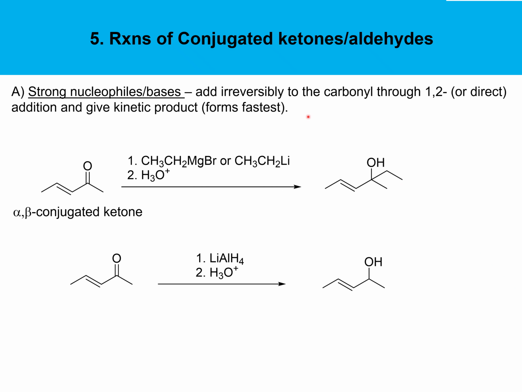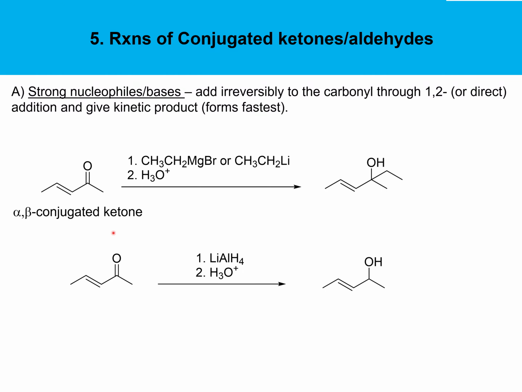Now, this addition is considered a direct or a 1,2 addition, and it typically gives you the fastest forming product. So, in other words, adding this ethyl group to the carbonyl is faster than adding it to the beta carbon. And so, as a result, we get what we call the kinetic product. In other words, the product that forms the fastest.